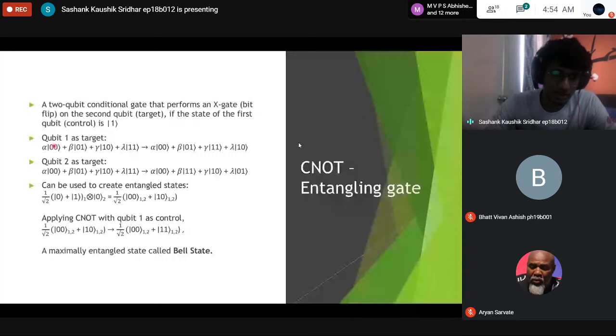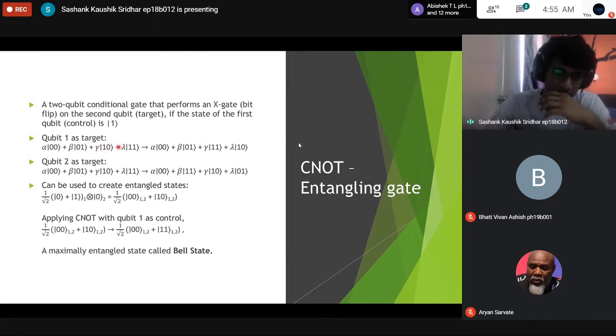And what it does is it flips the other qubit. So let me put it in a better way here. Here I've taken qubit 1 as the control, meaning the control qubit here is the first one. And since this is the control, look at this qubit. If this qubit is a 0, the coefficients alpha and beta remain the same.